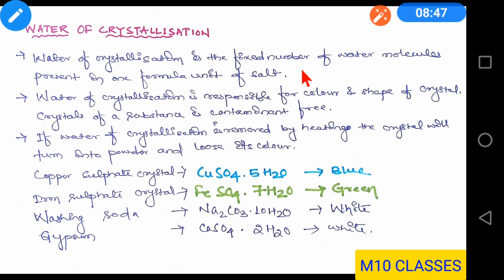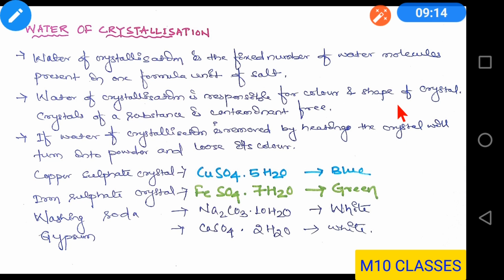Now comes water of crystallization. Water of crystallization is a fixed number. Remember, it is a fixed number of water molecules present in one formula unit of salt. Water of crystallization is responsible for two important things: color and the shape of the crystal of a substance.